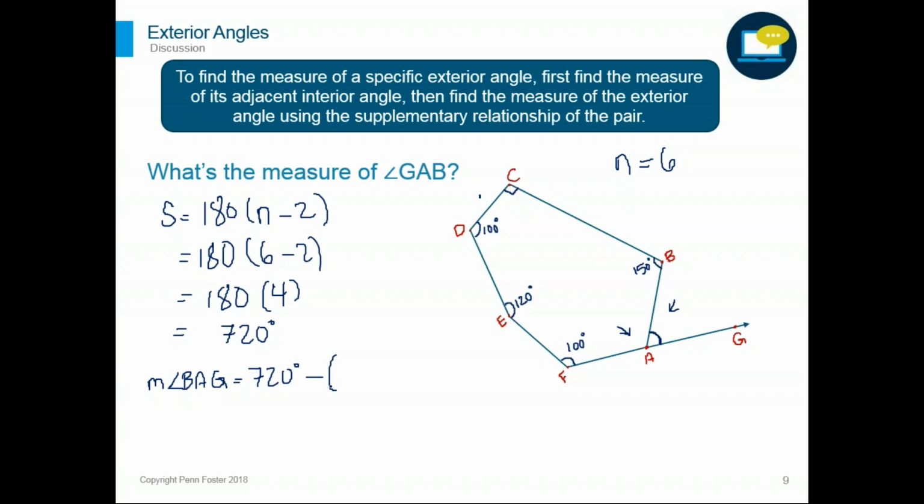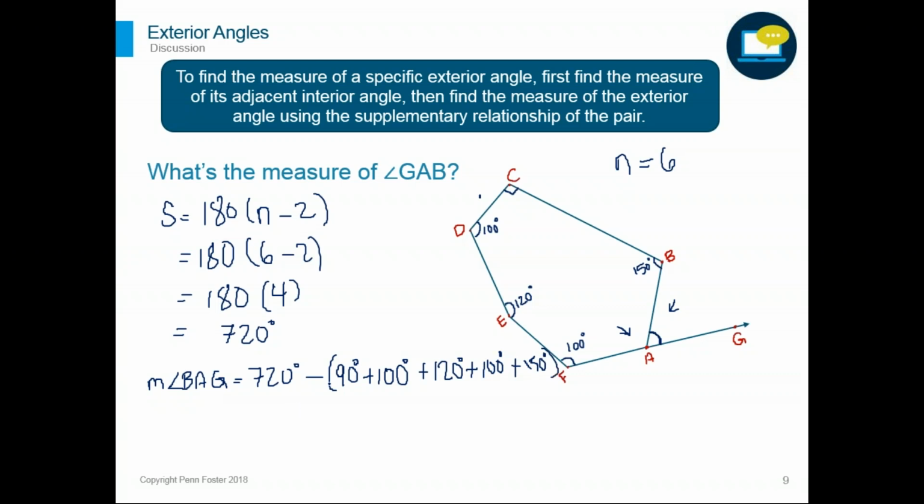So minus the sum of all of the other angles that we know the measure of. So 90, remember that the square or box here represents the right angle. So that is 90 degrees plus we have 100, we have 120, we also have another 100, and finally we have 150.